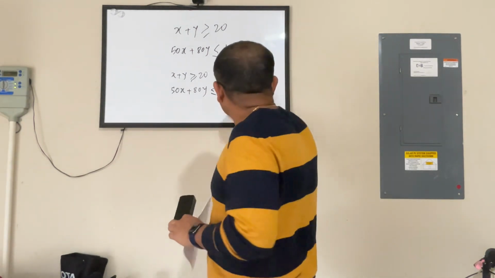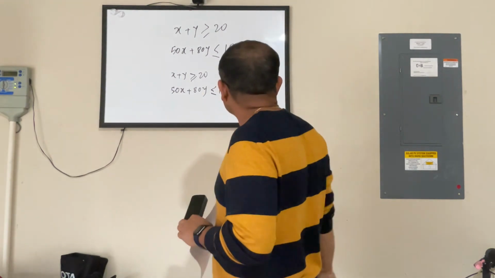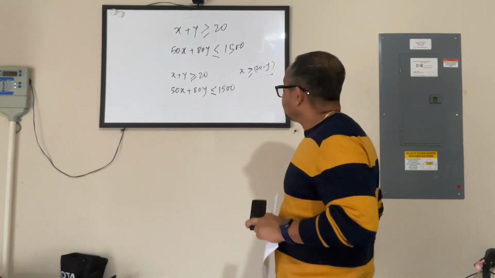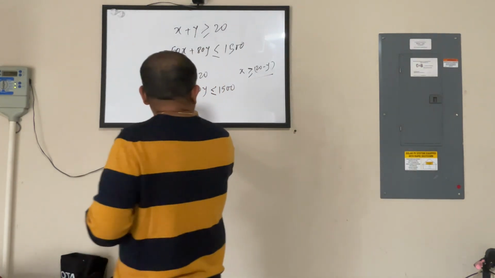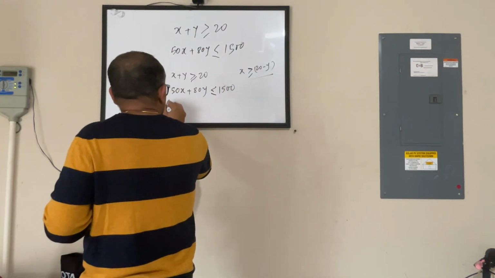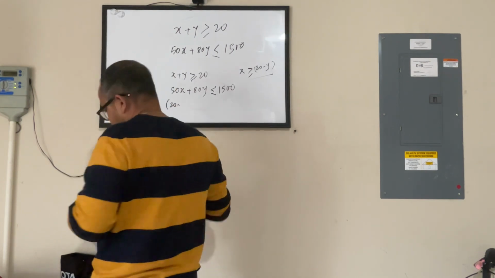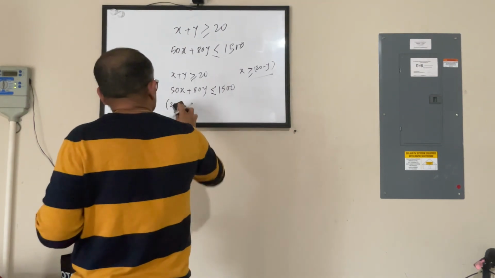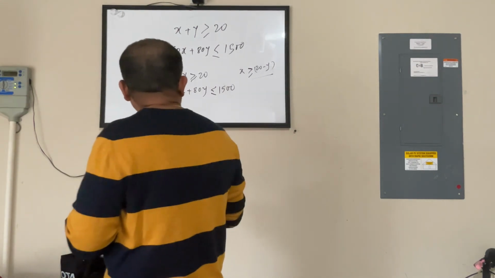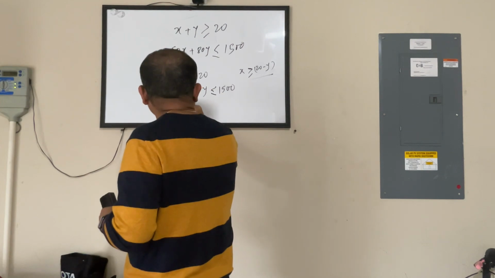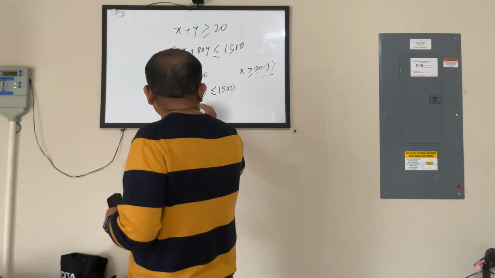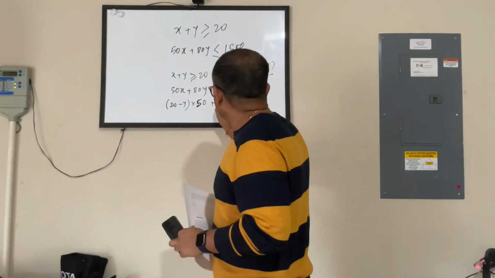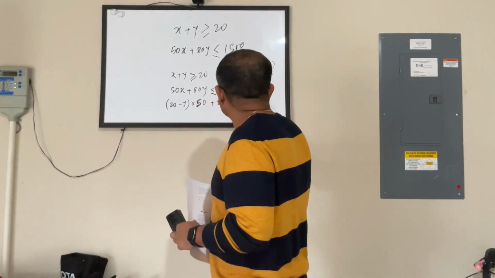Now let's put this value in here. x is greater than 20 minus y. So instead of x, let me put 20 minus y. 20 minus y into 50 here plus 80y is less than or equal to 1500.